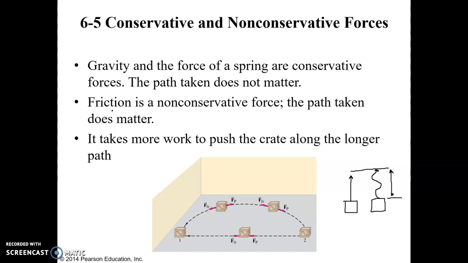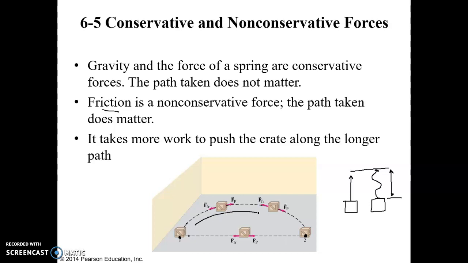However, there are examples where the path does matter. Anything involving friction, for instance, which is a non-conservative force, is going to make the path taken affect the amount of work done. For instance, if we have a crate on the floor here and we want to move it from position 1 over to position 2, you probably would guess that the least amount of work required to get it there would be to move it in a straight line, and you would be correct.